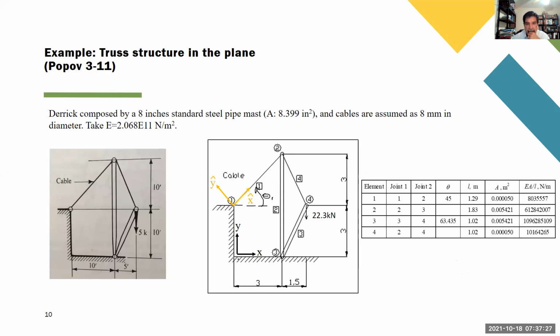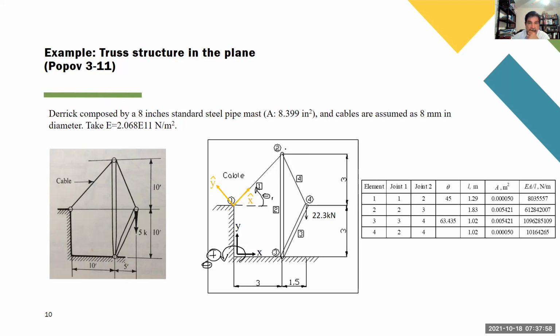Remember, please, this is very important. This is theta positive. So that's why we said positive 45. Now, with these values, we could develop the stiffness matrix of this element in the global reference system. We have to do that for every element.